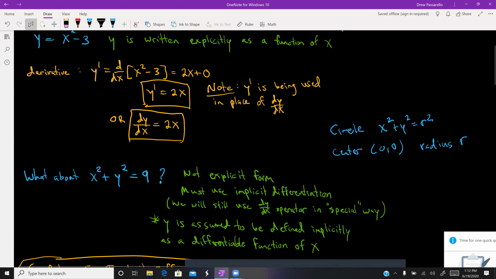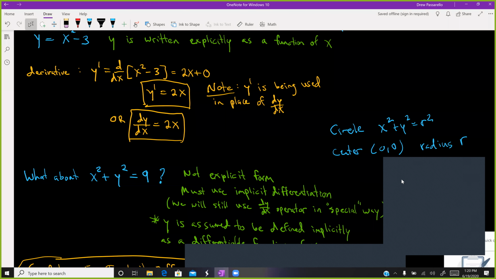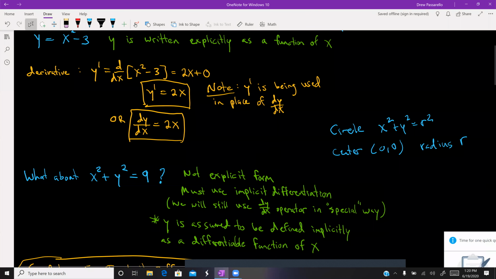All right, so for implicit differentiation, we will still use the dy dx operator, but in a, quote, special way. You'll see in a second what I mean by special way. This whole time, when we're taking the derivative of an expression like this, y is assumed to be defined implicitly as a differentiable function of x. So this is not explicit form, and we're going to use implicit differentiation.